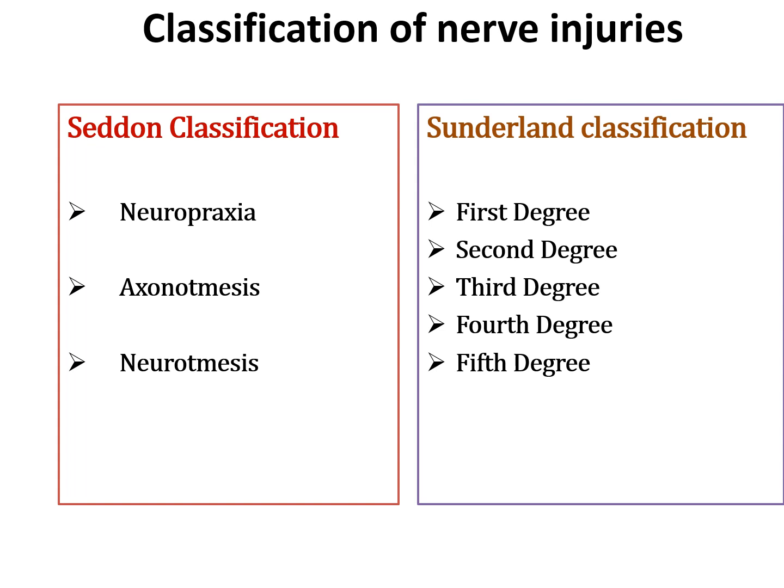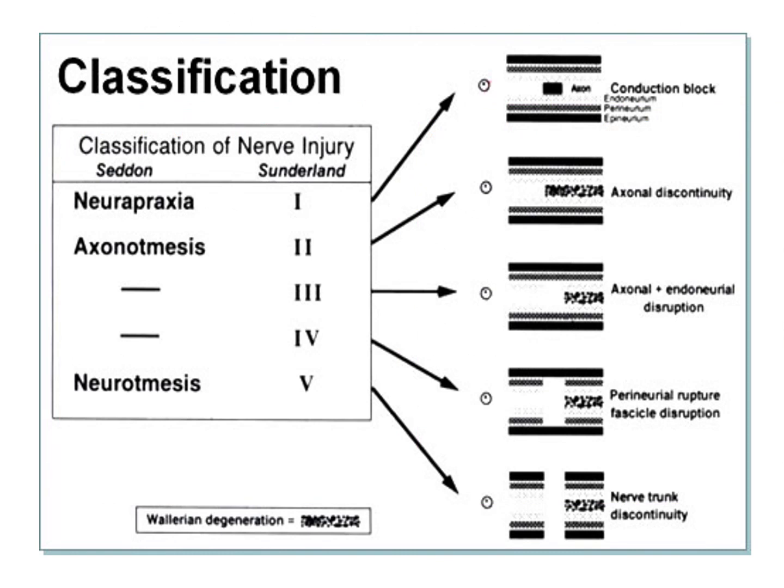We can classify them into two types. One is the Seddon classification and another one is the Sunderland classification. In the Seddon classification: neuropraxia, axonotmesis and neurotmesis. Here again, the Sunderland classification starts from first degree to fifth degree. We can actually compare the two different classifications.